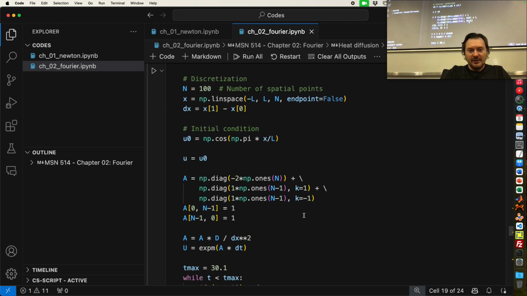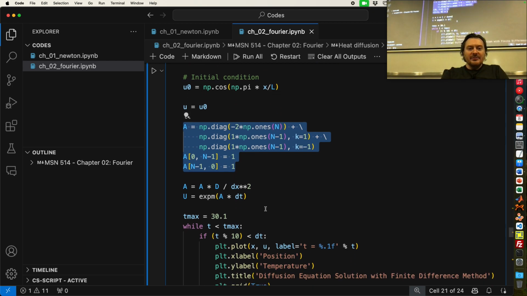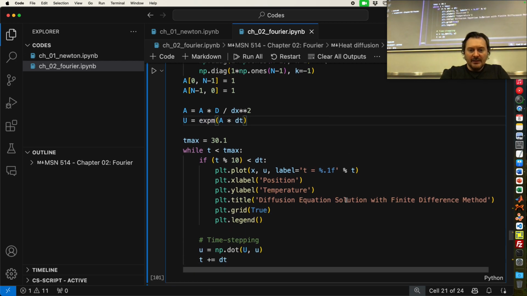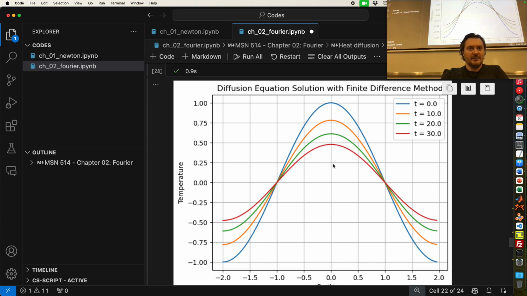That's what we are doing here. So for this part, for example, we are using a 3-point stencil. At least today you learned stencils, right? Those derivatives. Then we are doing this time evolution operation, and if we run this, it gives us a similar result.